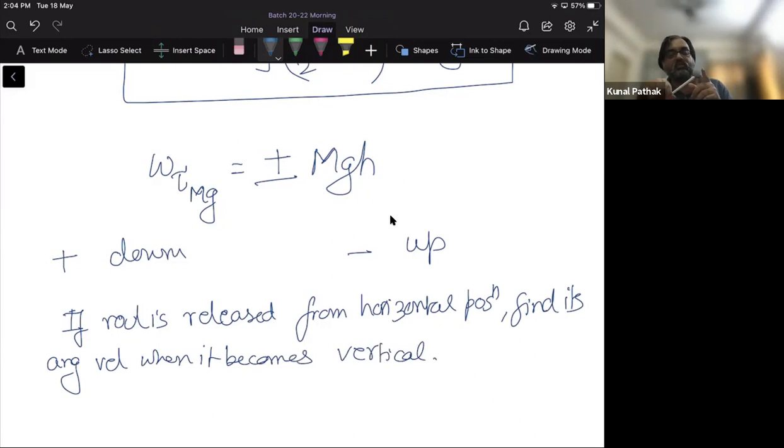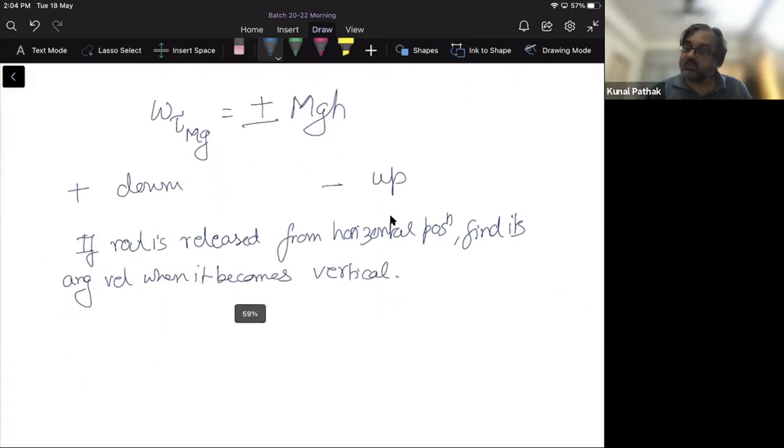And we are assuming, of course, that there is no friction. So when I release this rod from the horizontal position, what is the angular velocity that it has when it becomes vertical? Very, very easy.